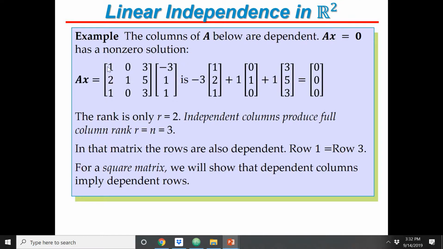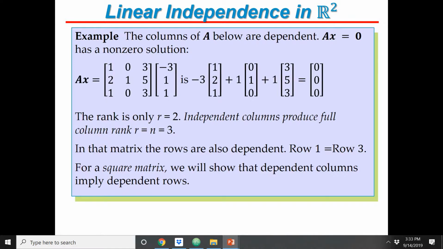So if you want to check the independence of these three vectors, we put them as columns of a 3 by 3 matrix, and you can immediately see that there is a non-zero solution to the null space problem, because if you test the numbers here, (-3, 1, 1), what you will get is the zero vector.